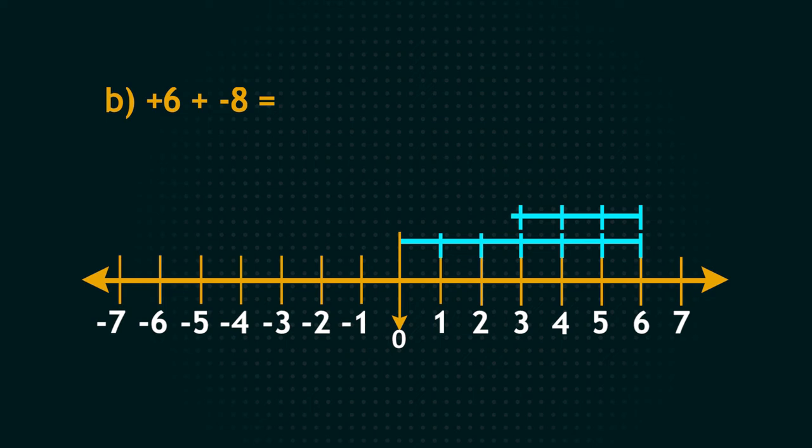The fourth step will put you at positive 2. The fifth step will put you at positive 1. And the sixth step will put you at 0. The seventh step will put you at negative 1. And the eighth step will put you at negative 2.